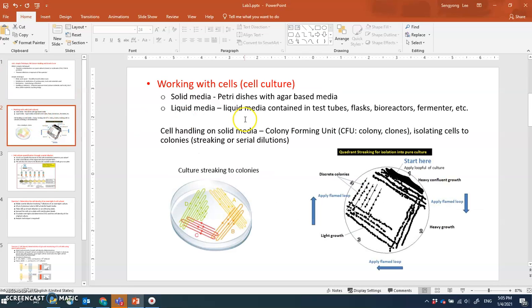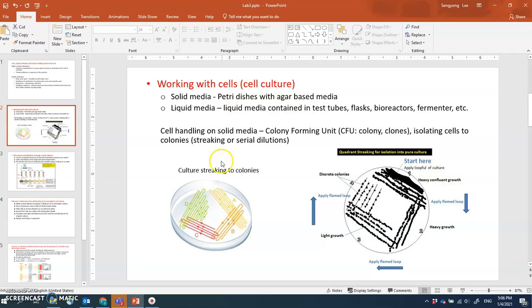And then working with the cells. When you grow them in aseptic conditions, you may grow them on a solid medium, like petri dish plates, or liquid medium, like a growth medium made out of liquid. There are pros and cons of using different media.